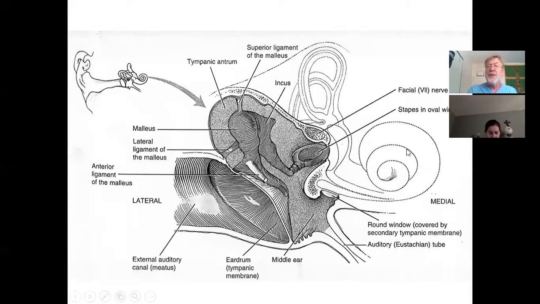Okay, so the bone that I'm circling here that surrounds all of this is the petrous portion of the temporal bone, and this temporal bone here, this is the mastoid portion of the temporal bone. The mastoid portion is very holey. You've got Peter here and you've got holey here. You'd think I'd be talking religion, but it's full of holes. It's very porous.